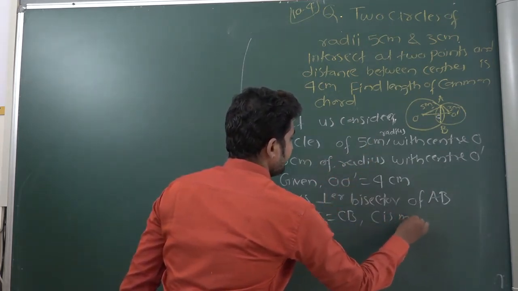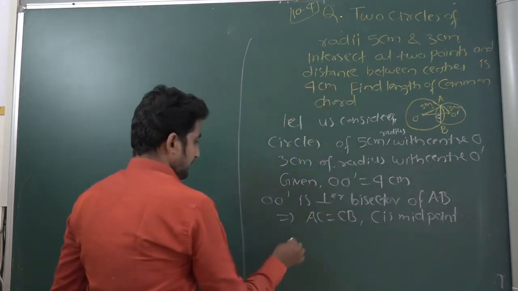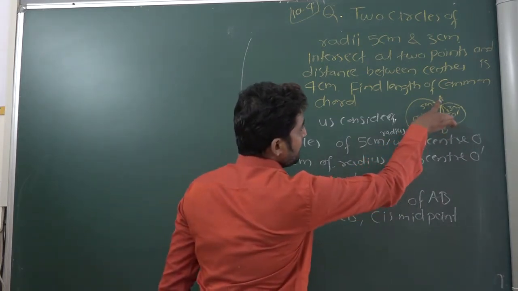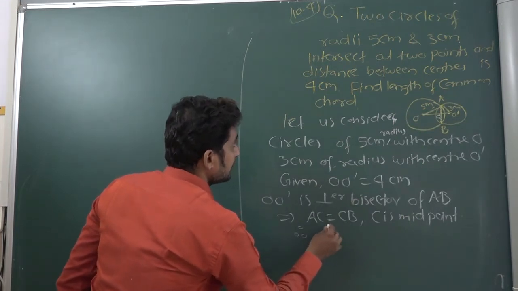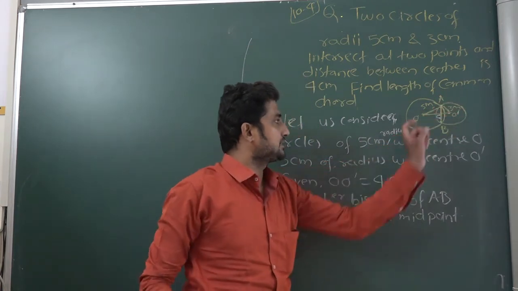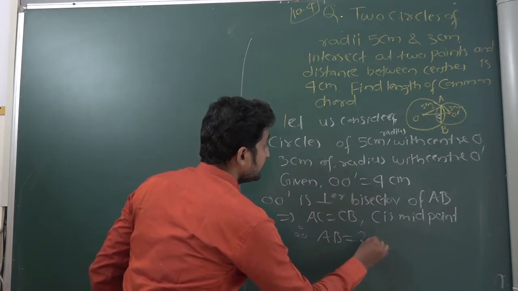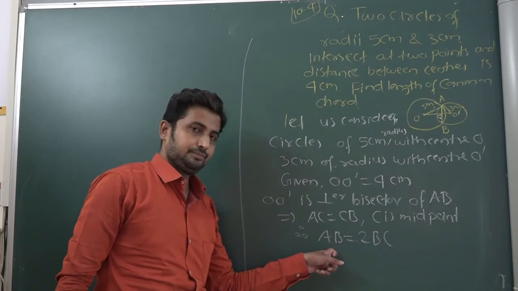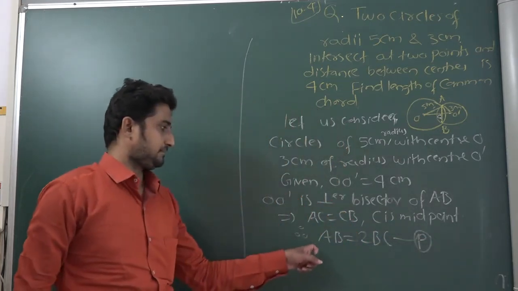C is the midpoint of AB. Therefore AB is twice BC, or CB. Call this equation P.